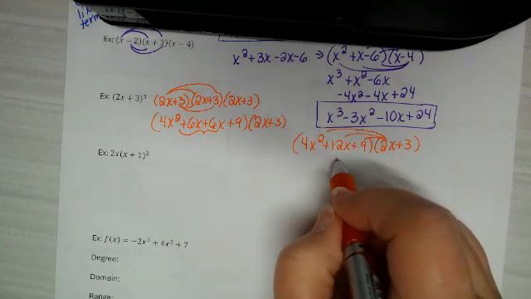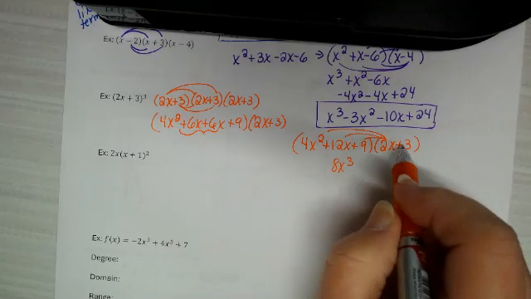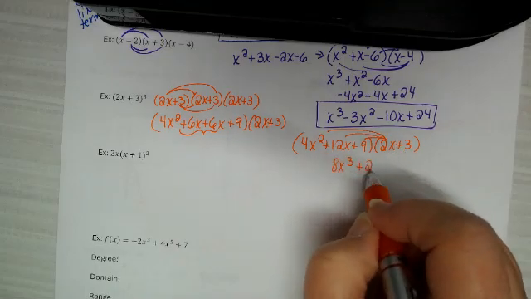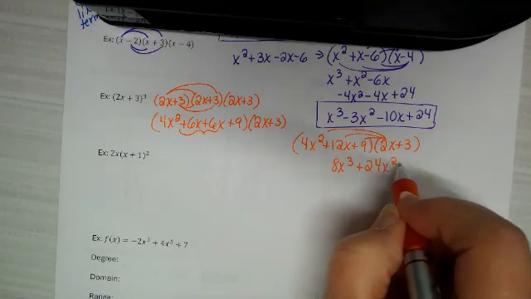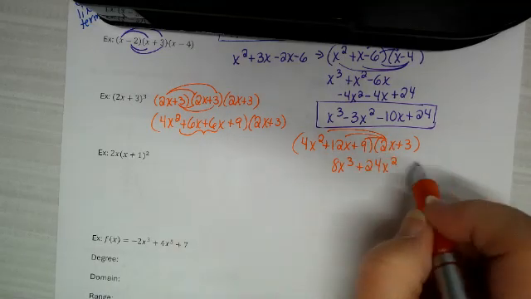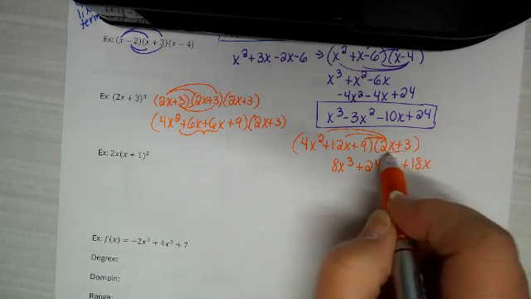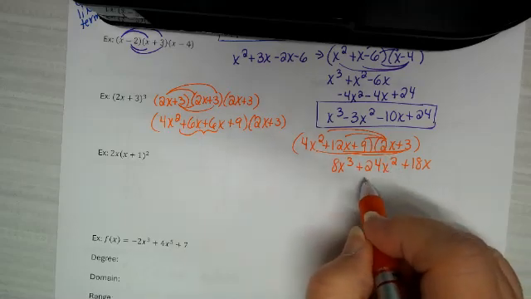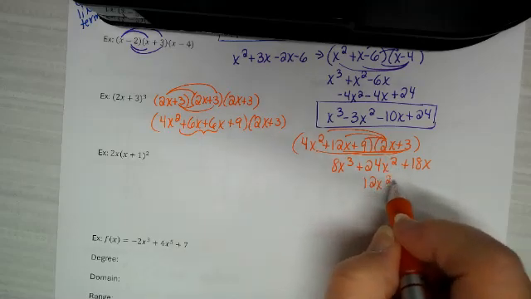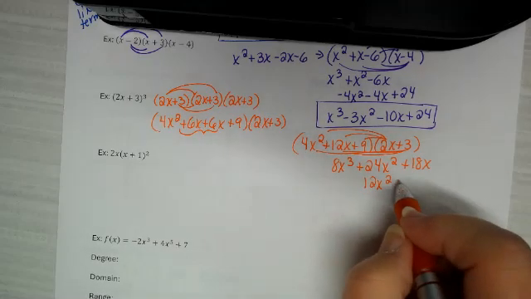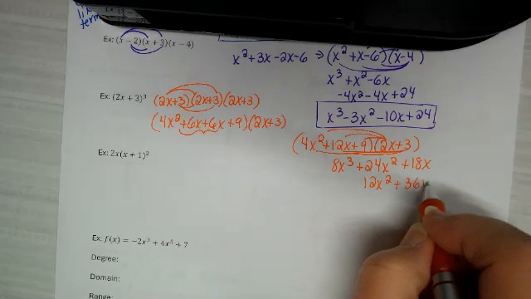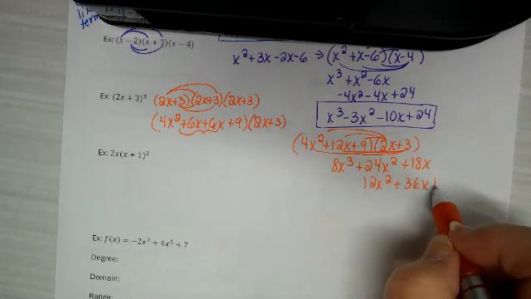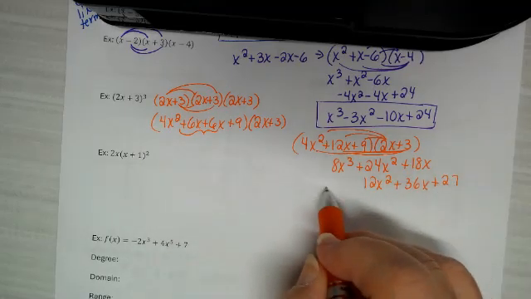So 2x times 4x squared, that's 8x to the third, plus 24x squared, and then plus 18x. Now I'm going to distribute the 3. 3 times 4x squared is 12x squared. 3 times 12x is 36x. And 3 times 9 is 27.